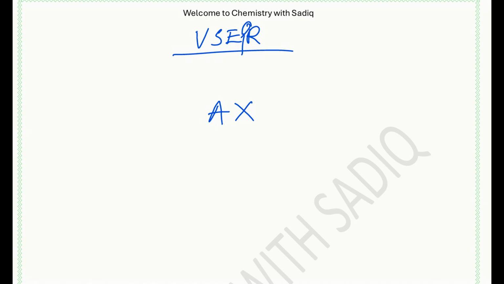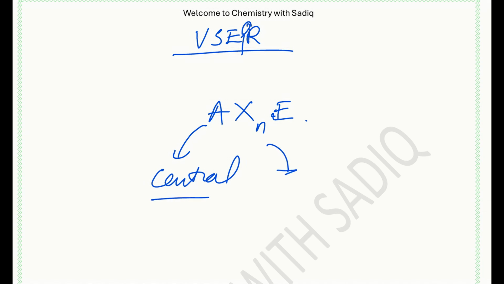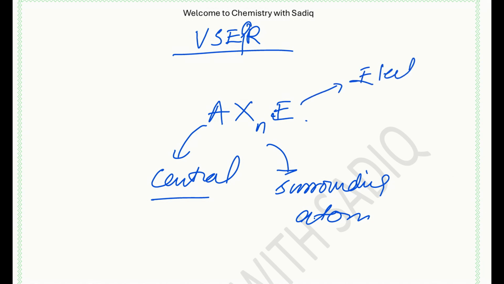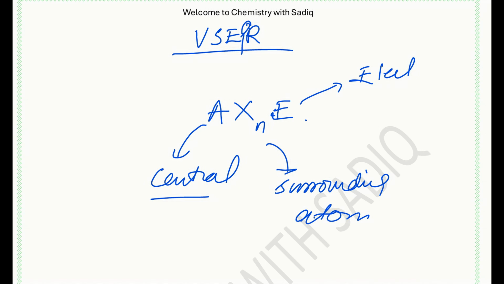I'm just focusing on it, and the number of electrons is represented by E. So this is the central atom, the central geometry of the molecule will be moving around this. This is the surrounding atom, and here are the electron pairs.